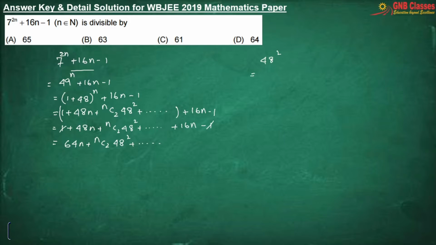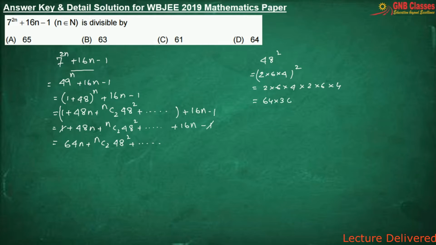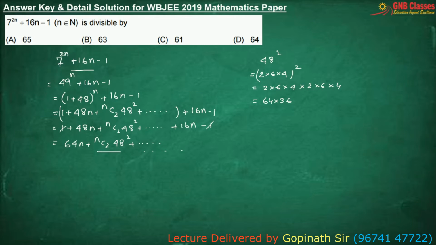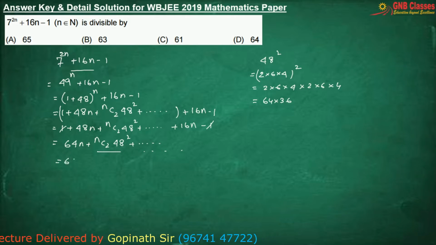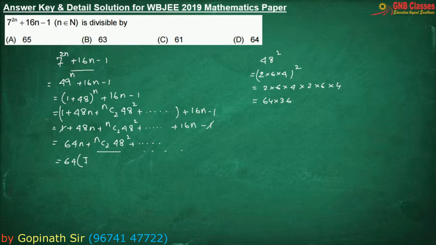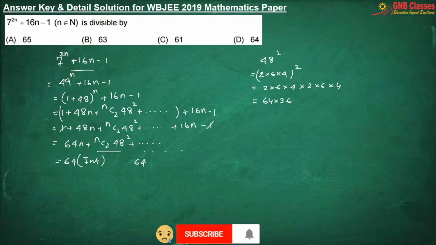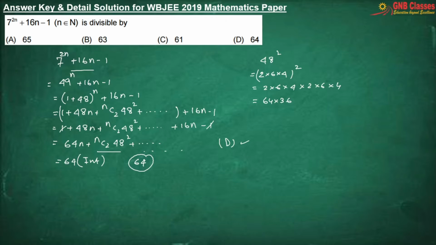Now if you observe carefully, you will find that 48 square can be written as... so from this term onwards, we all have 64 as one of the factors. So if I take 64 common, we will have some integer inside. Therefore, the given expression is divisible by 64. Hence, option D is correct for this problem.